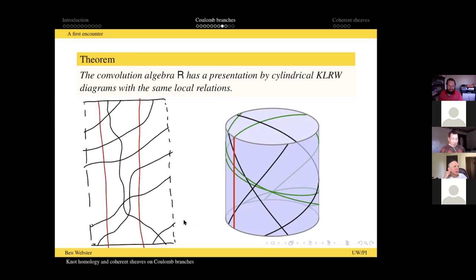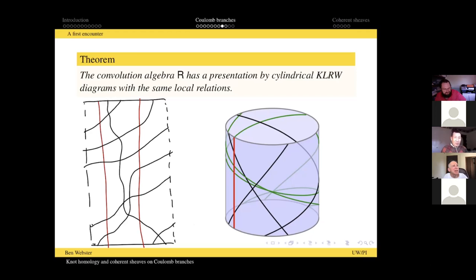Actually, since you mentioned vertex algebras, your colleague David had this construction of the vertex algebra at the corner.